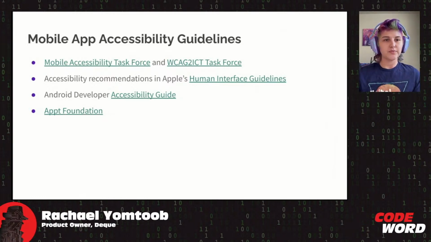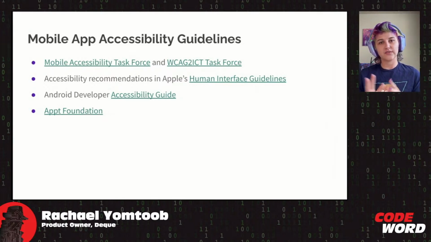There are a couple of groups at the W3C working on this. One of those is the Mobile Accessibility Task Force, which historically focused more on mobile web, so viewing websites or web apps in a browser on a mobile device, and accessibility guidelines focusing there. However, within the last year or so, there's been a leadership change, and they are now focusing more on native mobile applications as opposed to mobile web.